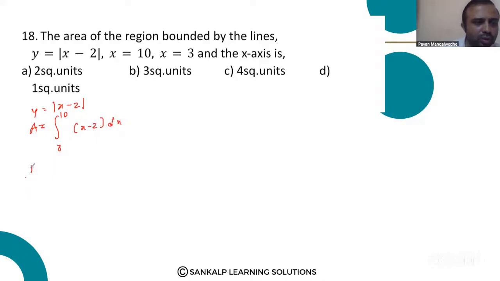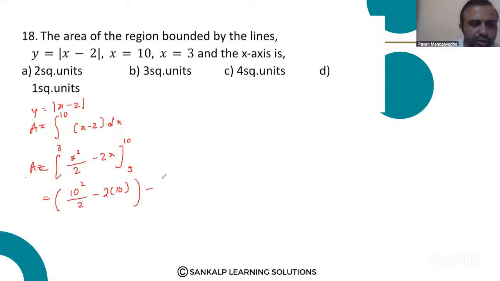Now A is equal to, the integration of x will become x square by 2 minus 2x, from 3 to 10. Next, it is 10 square by 2 minus 2 into 10, minus the lower limit.